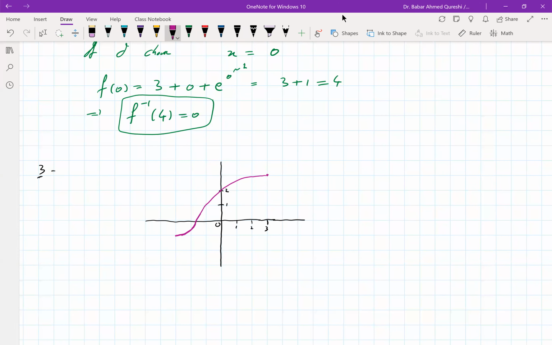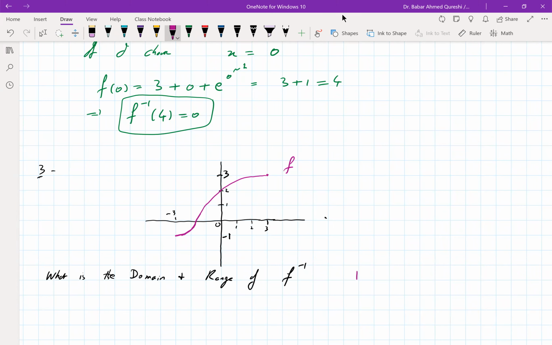Now you have to find, so this is -3, and this is -1, and this is 3. So what is the domain and range of, this is the graph of f. What is the domain and range of f inverse?